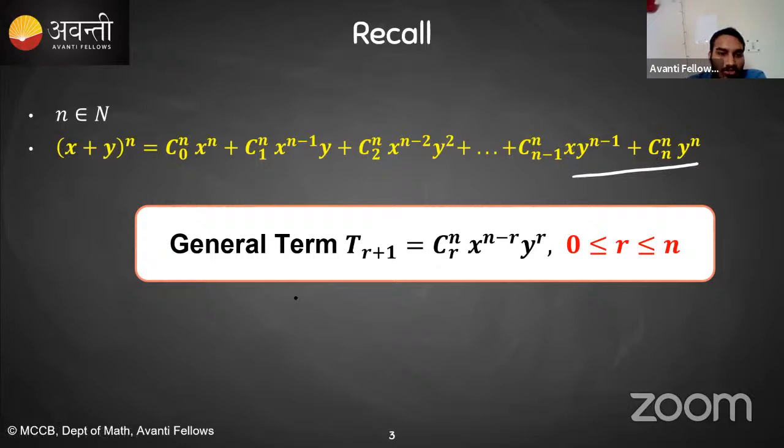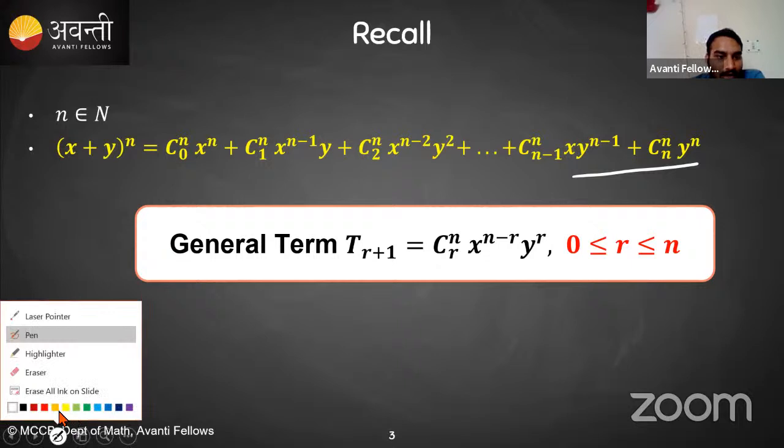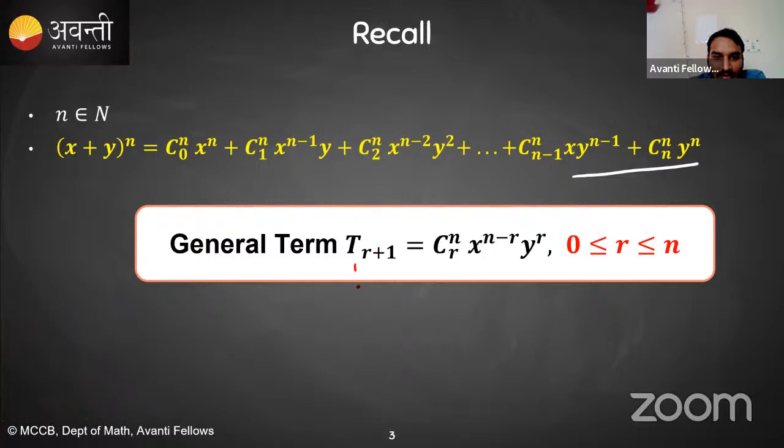And after that, the general term T(r+1) is equal to nCr x^(n-r) y^r. Yes or no? Right? So this is the (r+1)th term. Clear? And obviously r should be between 0 and n, right? That's what we were studying in the last class, right?